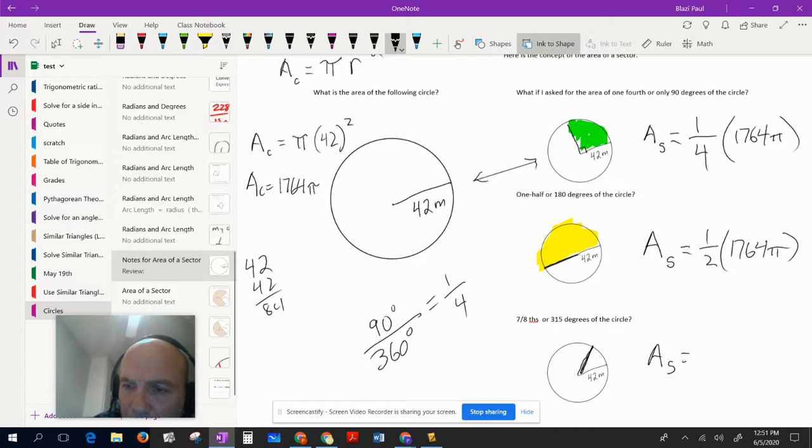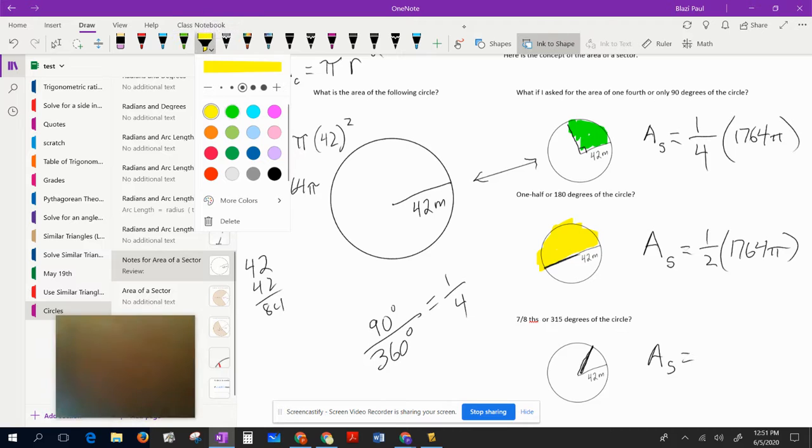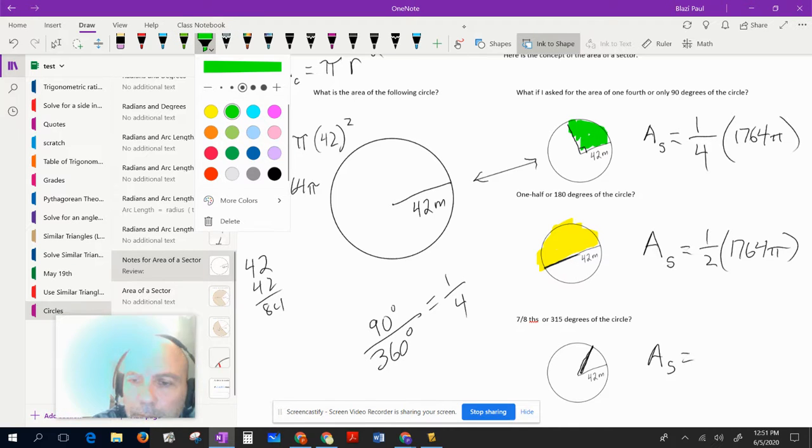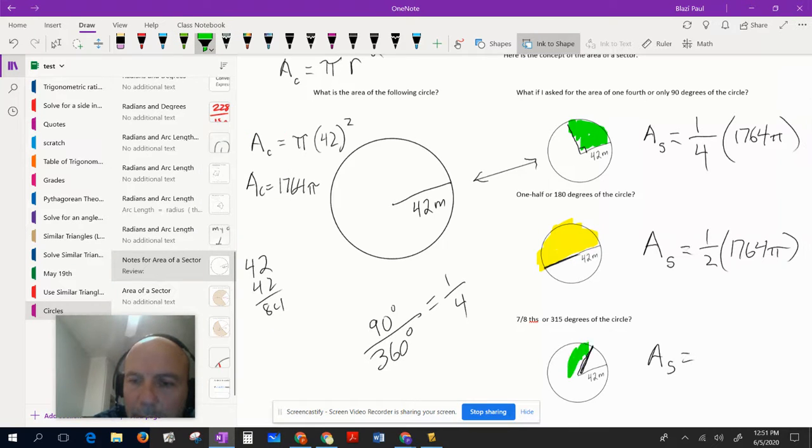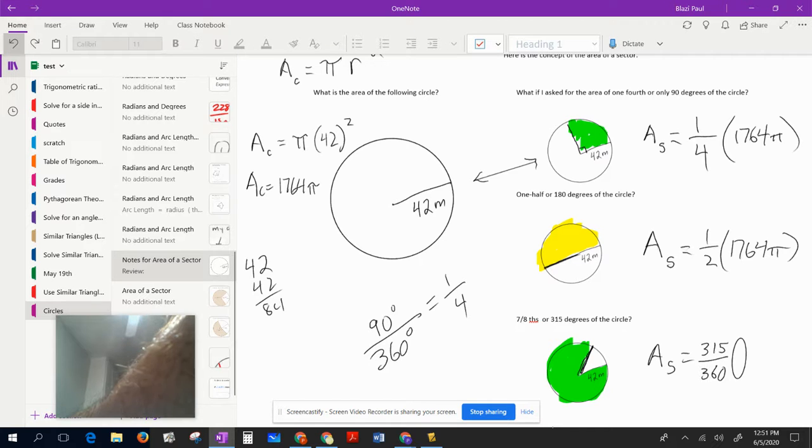Area of this sector would be this whole thing. Okay. So that'd be 315 out of my 360 degrees times 1764.